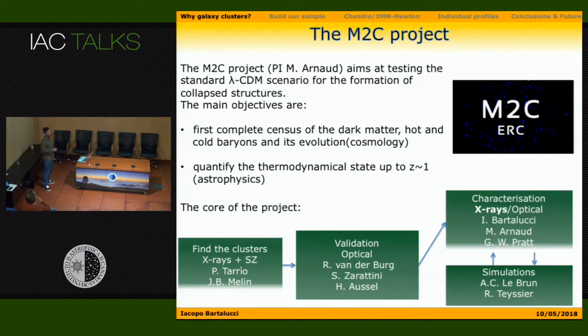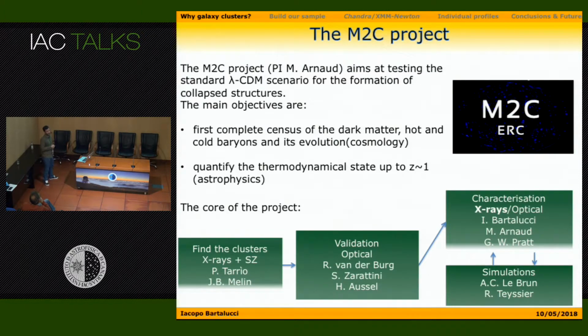So to do astrophysics. Now, to do all these things, there are working groups related to this project. First of all, we have to find the clusters using X-ray and SZ, and this group is led by Paola Tarrio and Jean-Baptiste Melin. Then validation of galaxy clusters: we have a list of candidates, and then we do the validation, and this group is led by Remco van der Burg, Stefano Zaratini, and Hervé Aussel.